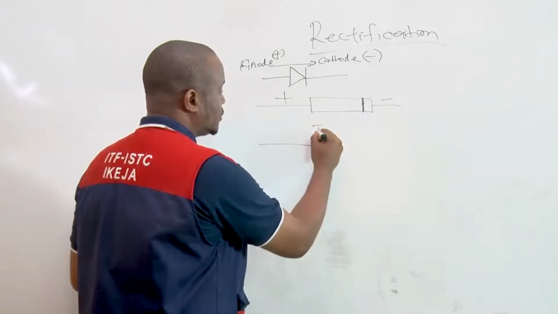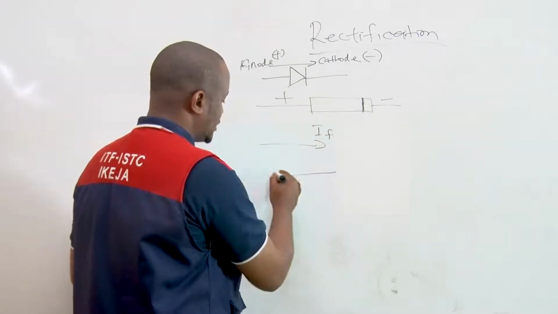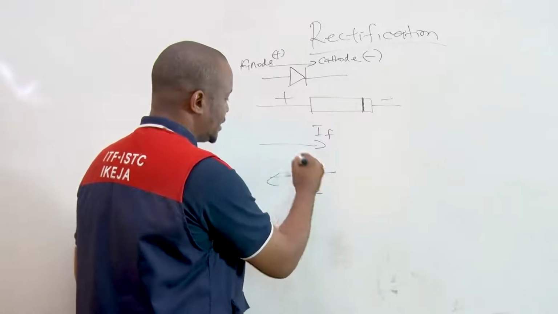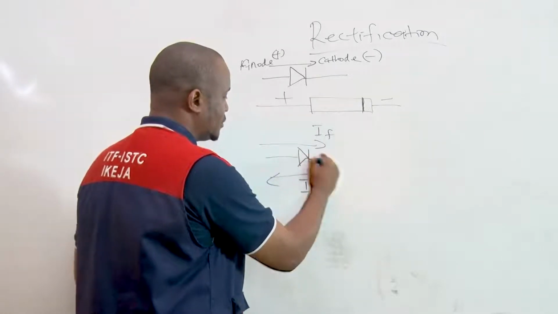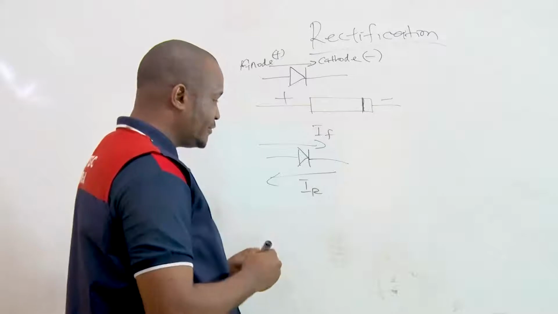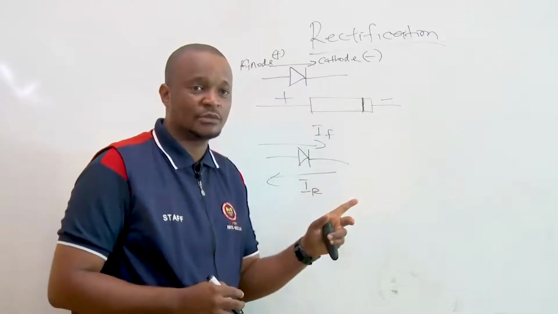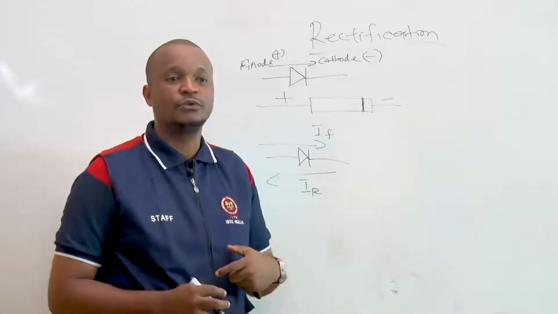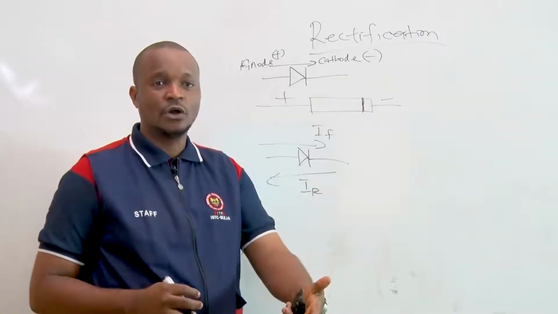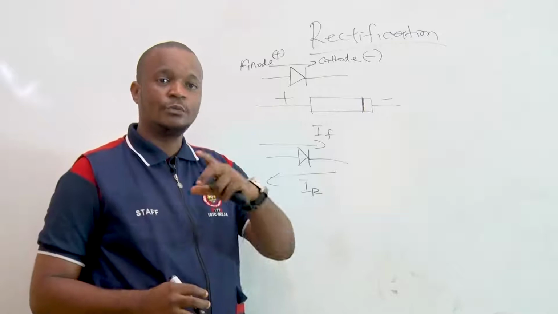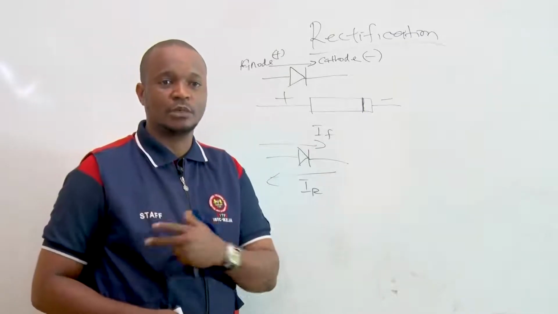So this is called forward bias, and this is what? The reverse bias. So we will have the diode in this way. However, there is a diode called the Zener diode that allows current to flow either in the forward direction or in the reverse direction. We'll be talking about that diode much more later.